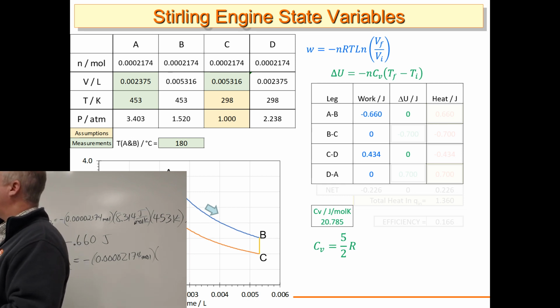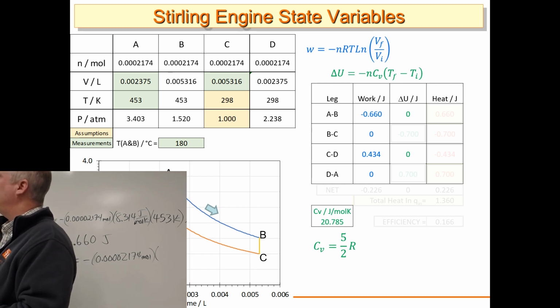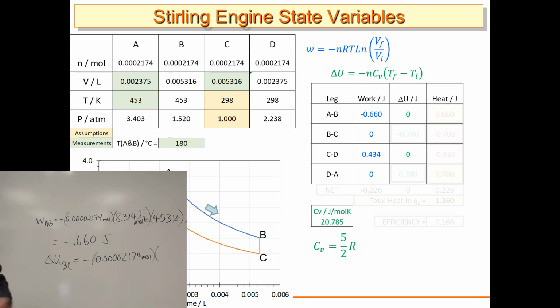Go ahead and calculating that, we get 20.785 joules per mole Kelvin. So here, the CV linear is 20.785.